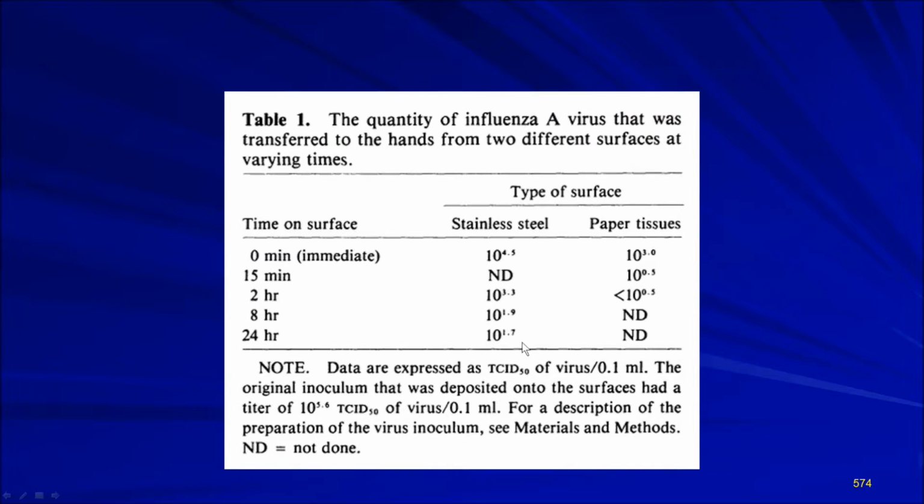So even after 24 hours, if we have 50, or 10 to the 1.7, that's 50 viable viruses in 0.1 milliliter. But if you just have 1 milliliter, after 24 hours of sitting on something like a phone, there are approximately 500 TCID on your hand.